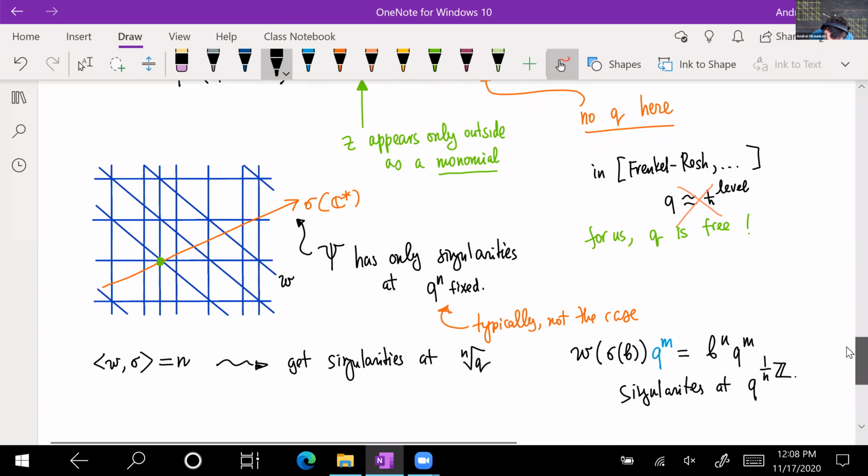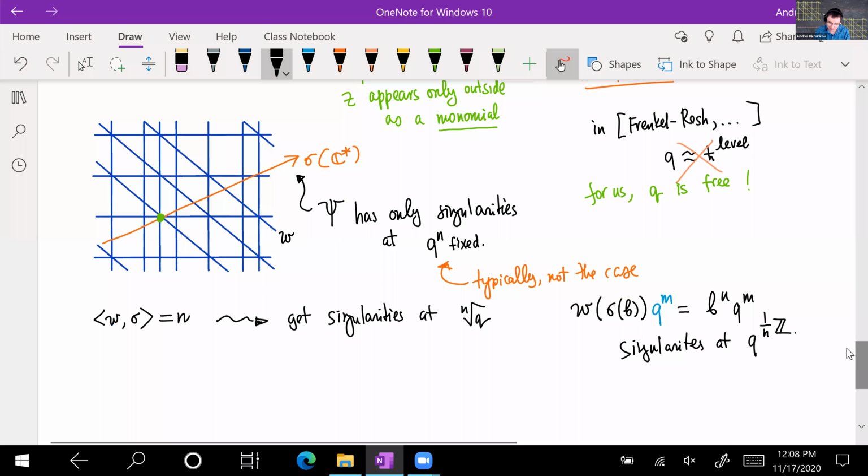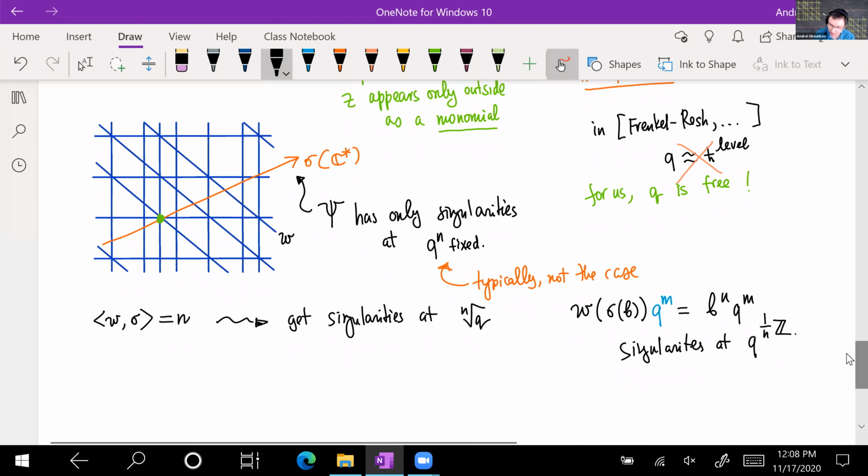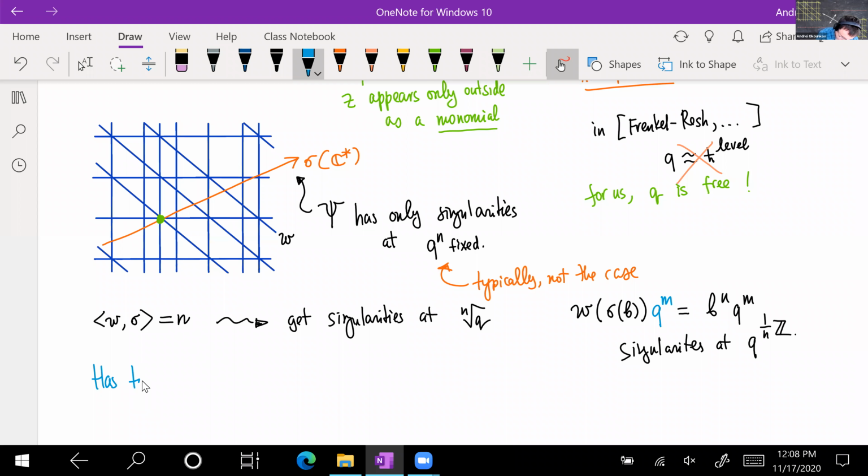And so if I have something like this, it has to be the case that if I pair my sigma with any root, well, of course it can pair to 0, but otherwise it could be plus or minus 1.